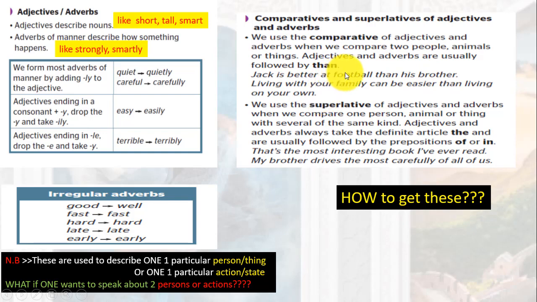Here we are talking about comparatives, and to deal with superlatives, you should know that we use the superlative of adjectives and adverbs when we compare one person, animal, or thing with several of the same kind. Adjectives and adverbs always take the definite article the and are usually followed by the preposition of or in, even if it is not written, but it is known from the context.